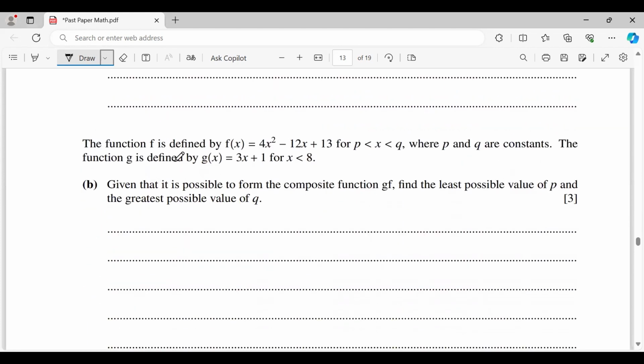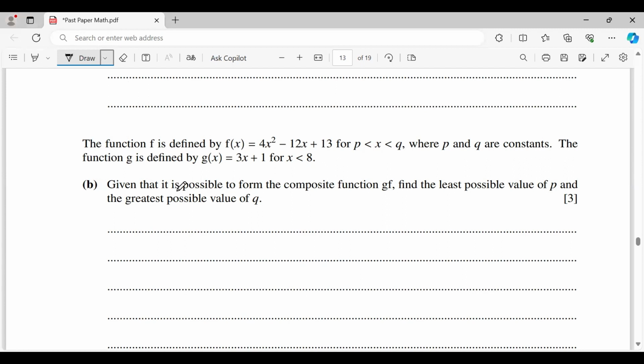The function f is defined by fx equals 4x squared minus 12x plus 13 for x greater than p, less than q, where p and q are constants. The function g is defined by gx equals 3x plus 1 for x less than 8.